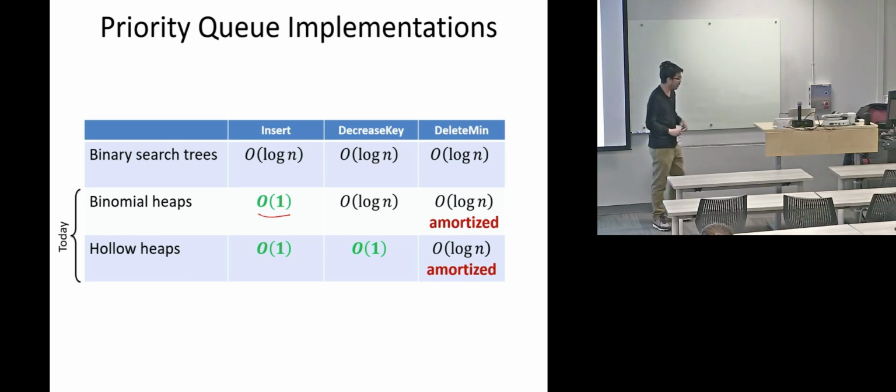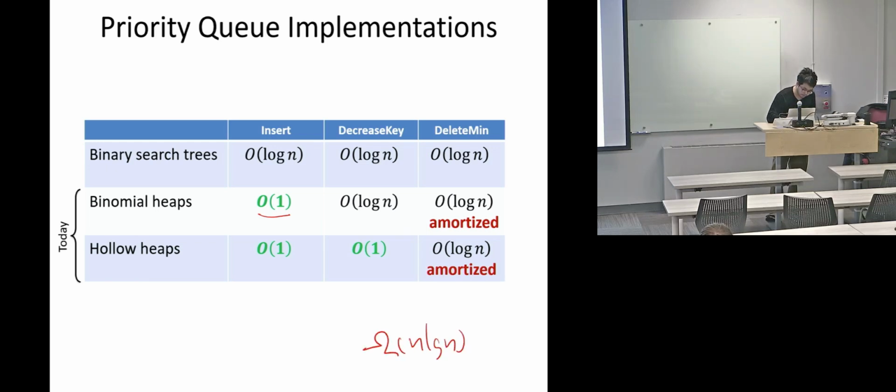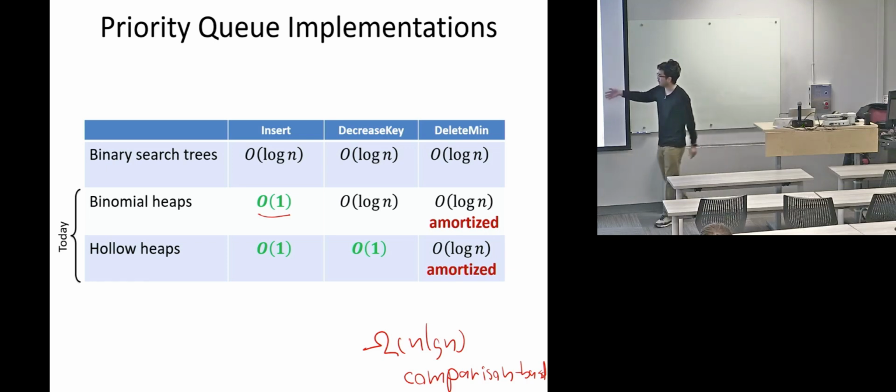Okay, good. By the way, the lower bound of n log n is for comparison based algorithms. But you see that the algorithm that we discussed is comparison based as well.